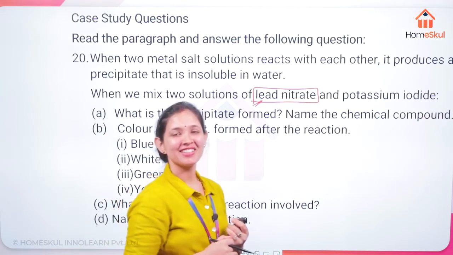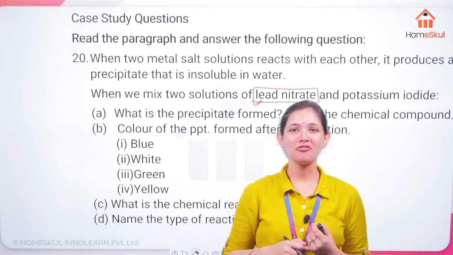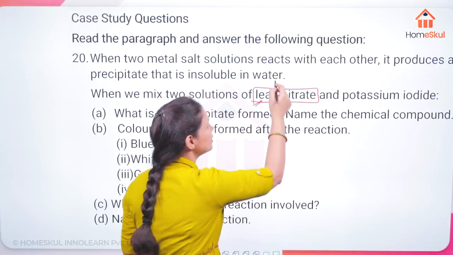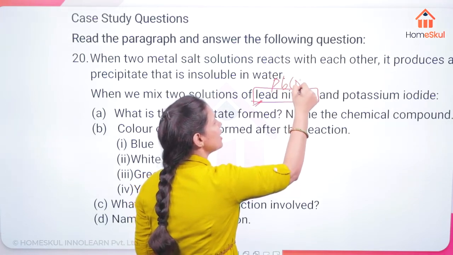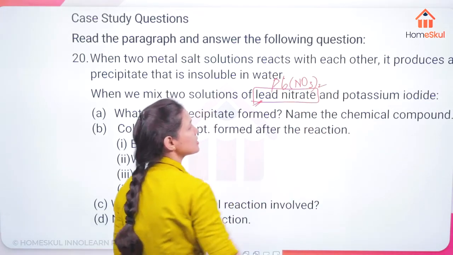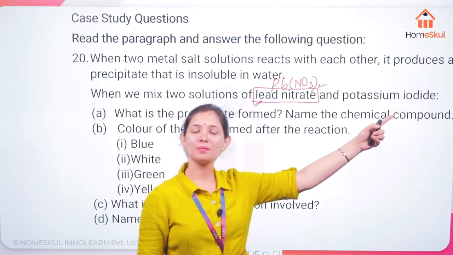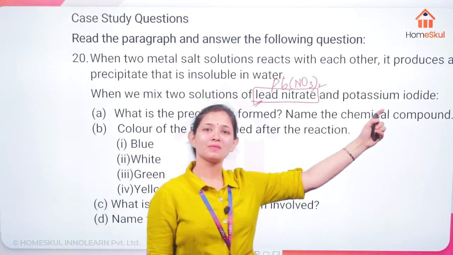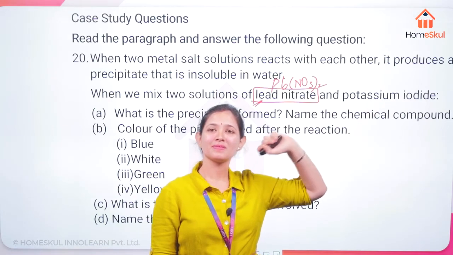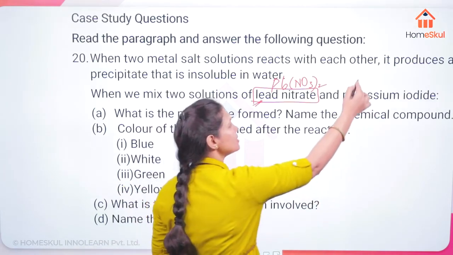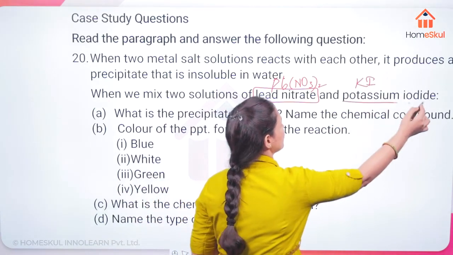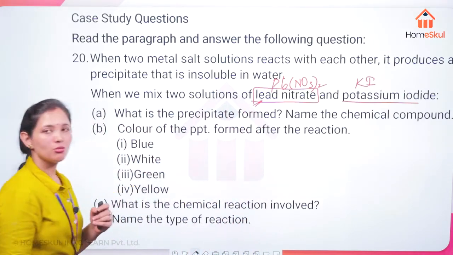Very correct, Febin, Vega. Very good. Pb(NO3)2 is the formula. And for potassium iodide, what is the formula? KI. Very good. That is KI. Very nice that you know the formulas well.